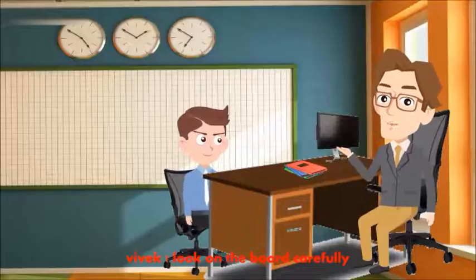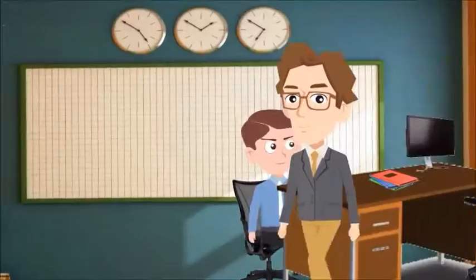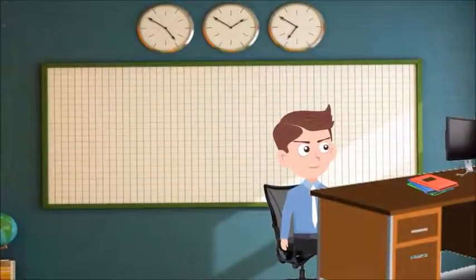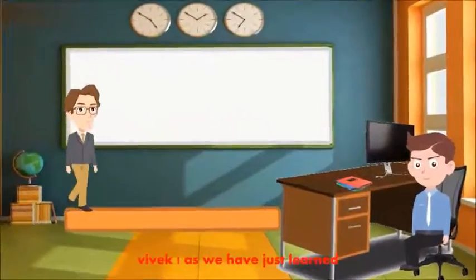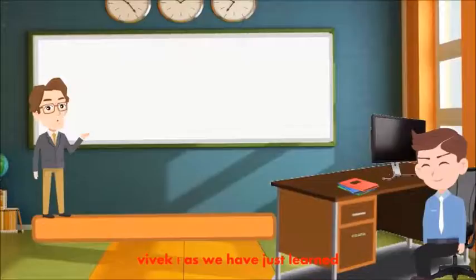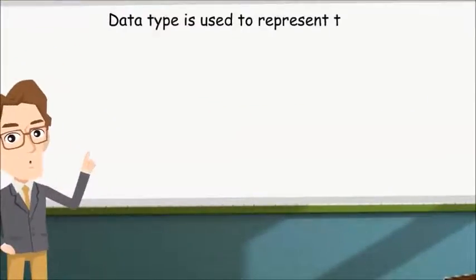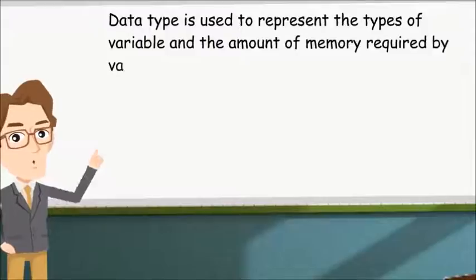Vivek, look on the board carefully. Vivek, we have just learned the data type is used to represent the type of variable and the amount of memory required by variable.